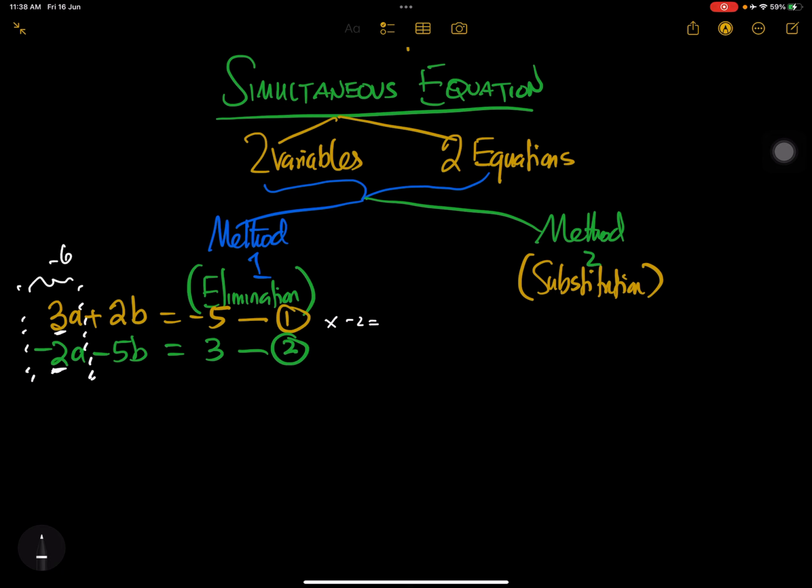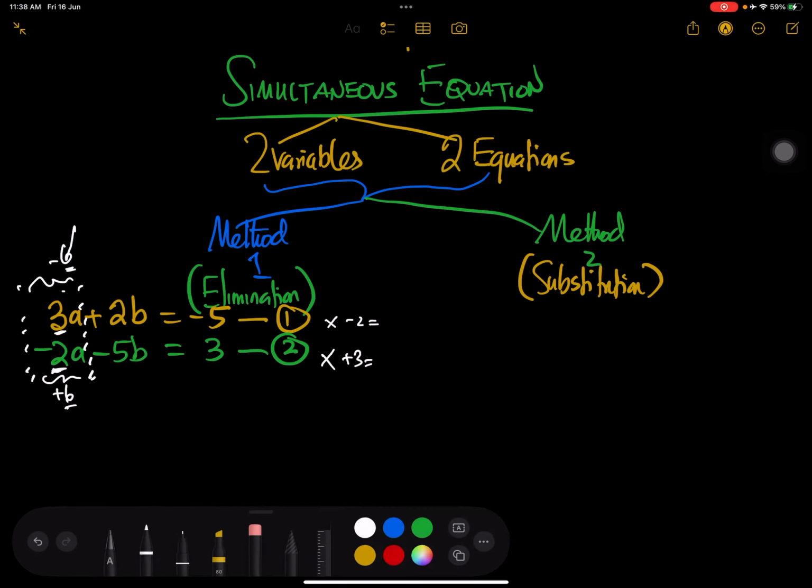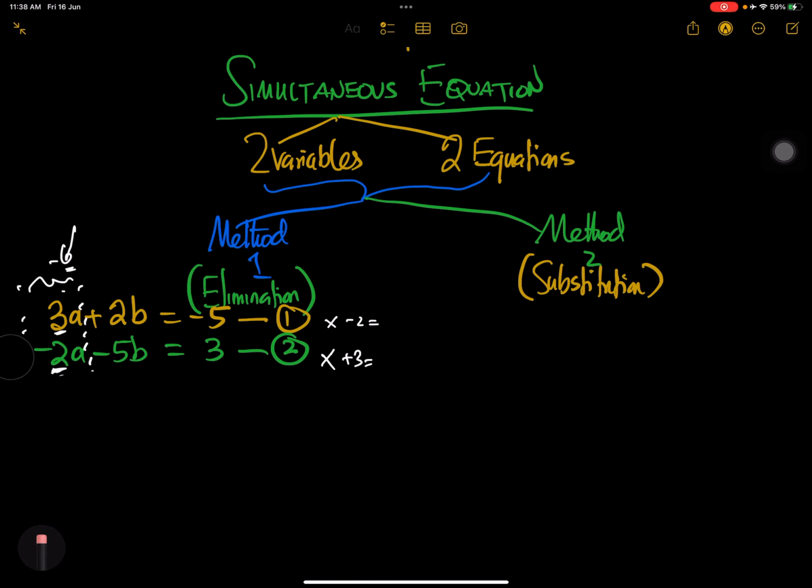If we also multiply equation 2 by positive 3, we are going to get here to be positive 6. Now you can see that this number and that number is the same. And when we add it, we eliminate the entire region. But that's not what we are going to do yet. We need to take our time in what we are trying to do.